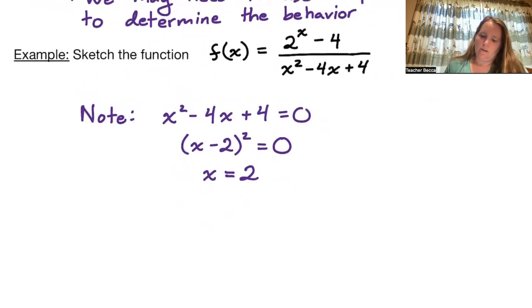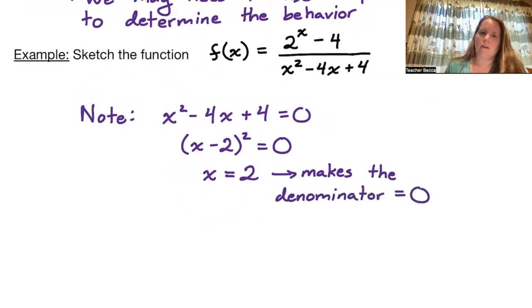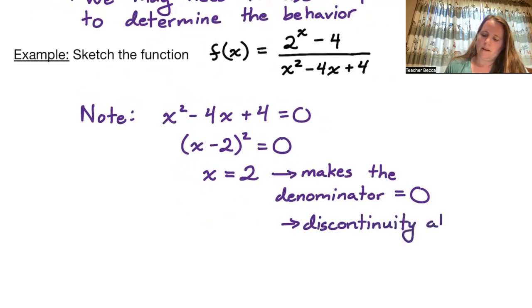So x equals 2 makes the denominator equal to 0, and so there will be a discontinuity at x equals 2. So I'm doing my discontinuities first.